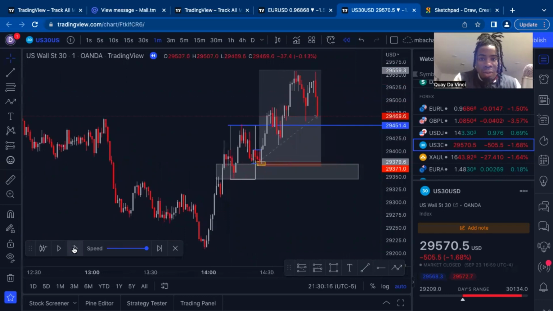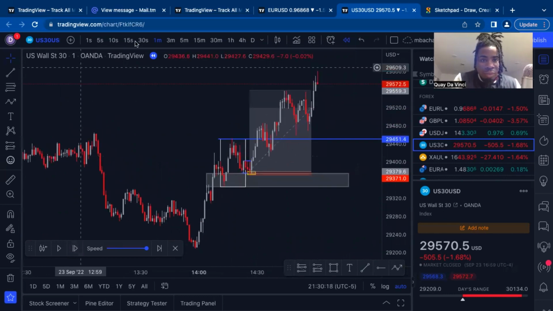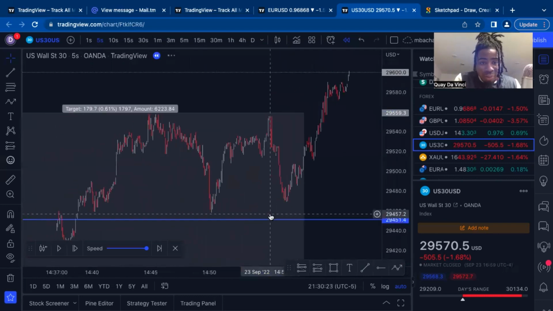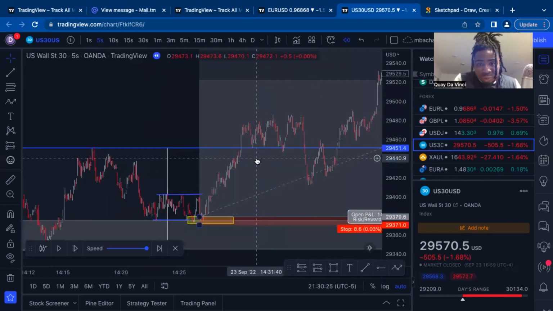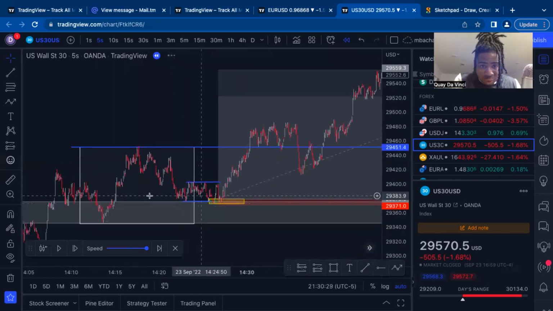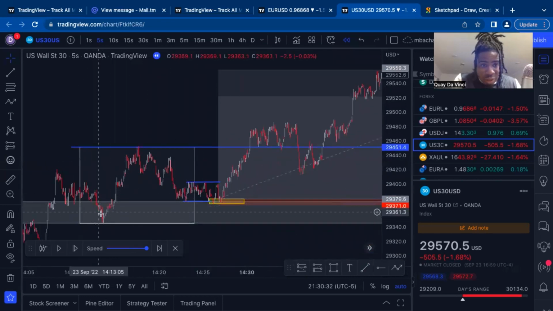Either way it go, this was all caught just by understanding one important thing. This was already a demand zone down here, demand order block, whatever you want to call it.